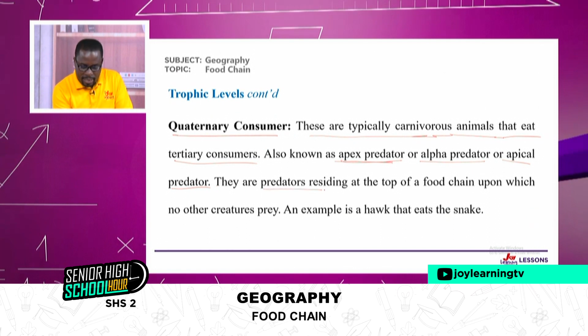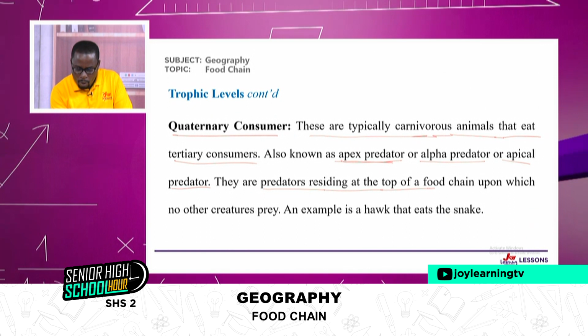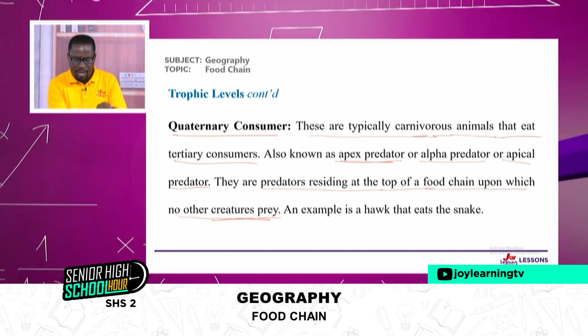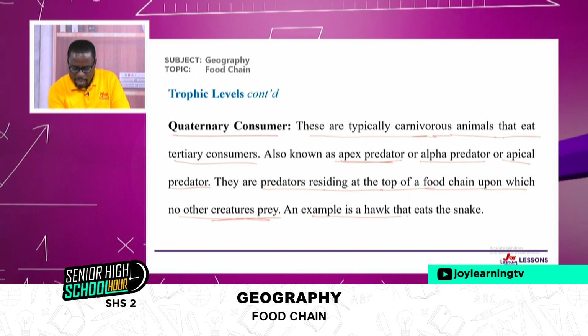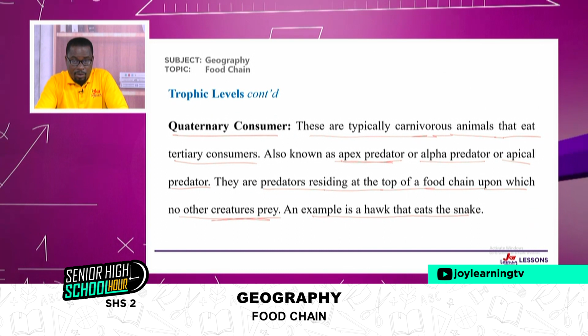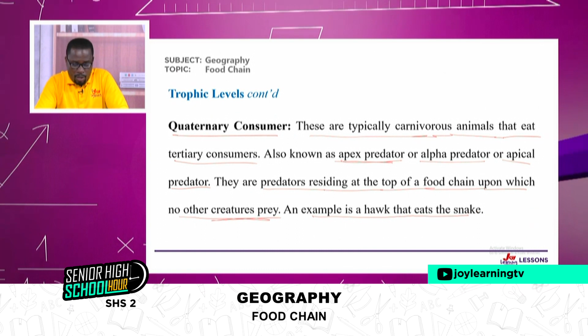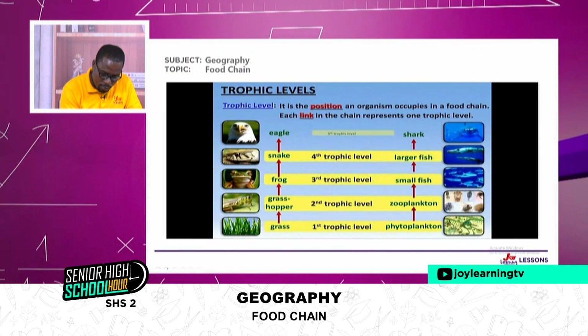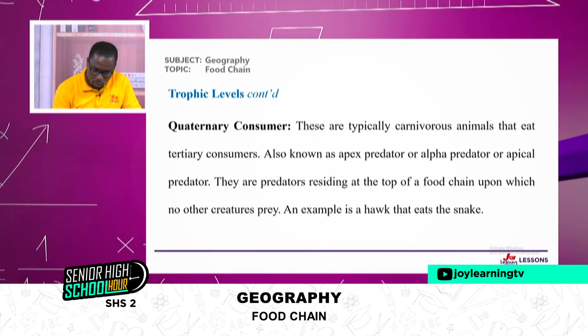They are predators residing at the top of a food chain upon which no other creatures would prey. An example is a hawk that eats the snake. Is that okay? An example is the hawk. So this one, we are talking of the hawk.